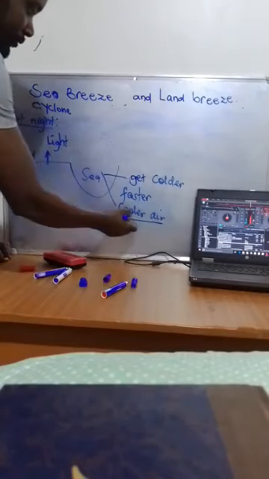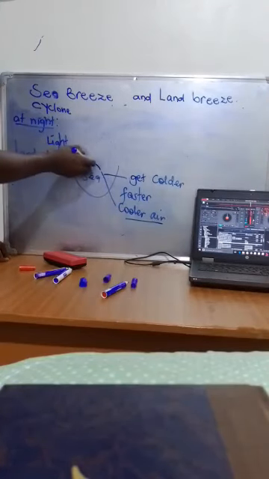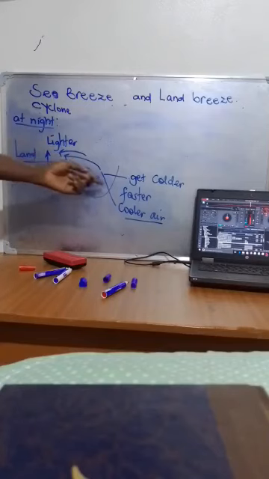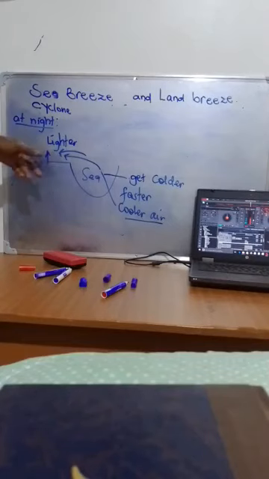This cooler air will move and occupy the space of this lighter air that is on land. This one gets cooled, but at a slower rate, so its air is lighter than the air from the sea during the night. And we call this one land breeze. It's simple. This is what land breeze is.